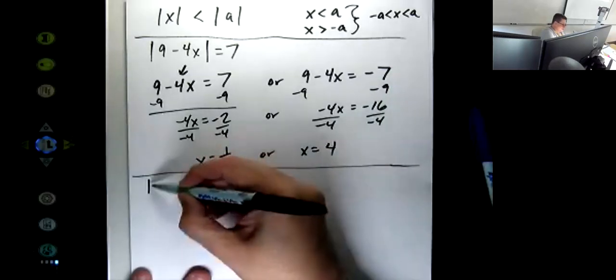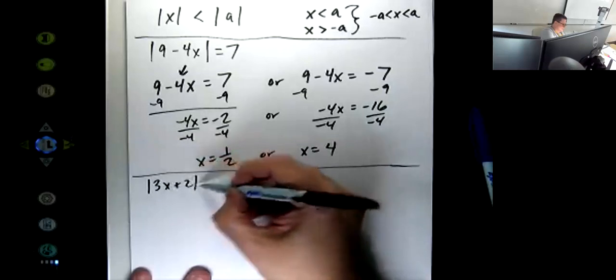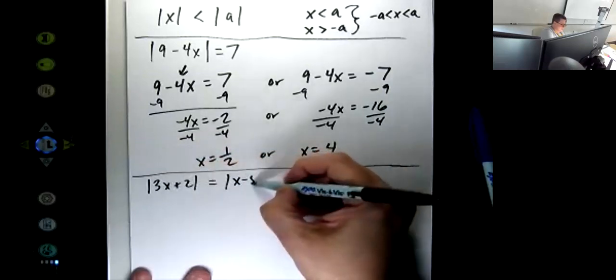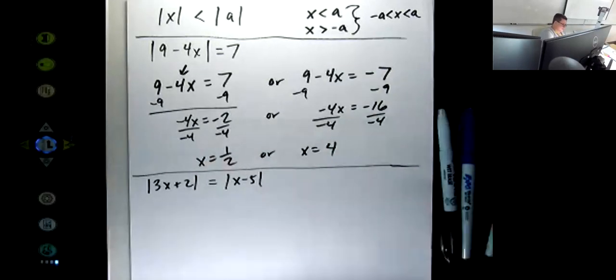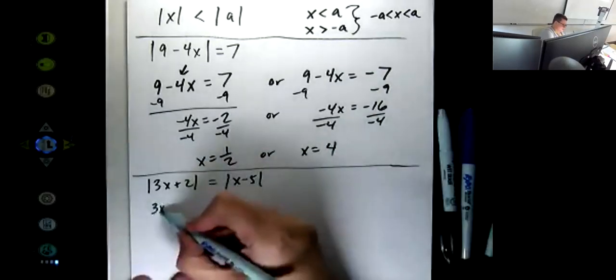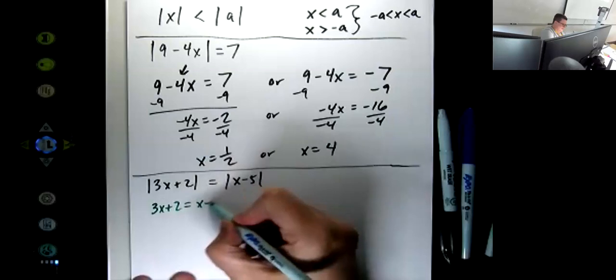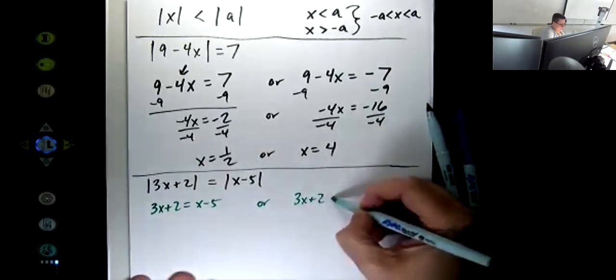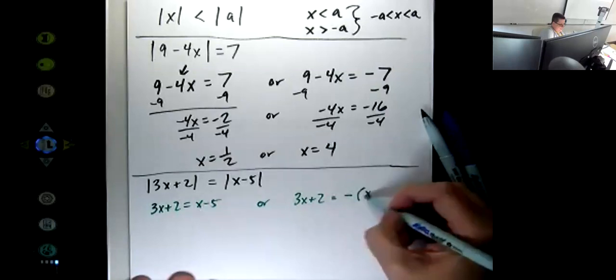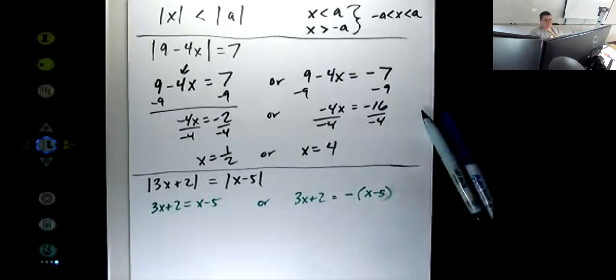This also holds true if there's an absolute value on both sides. This will turn into 3x plus 2 equals x minus 5, or 3x plus 2 equals negative parentheses x minus 5. So give those a solve.